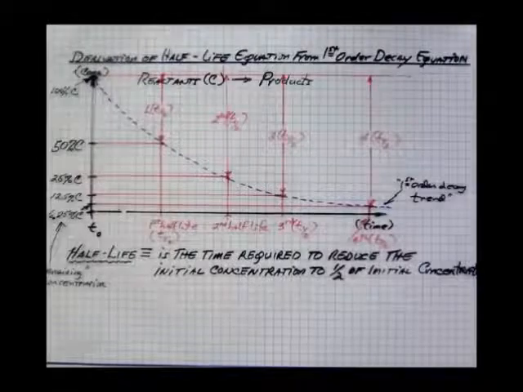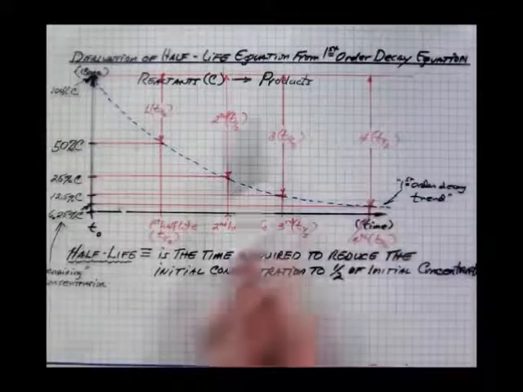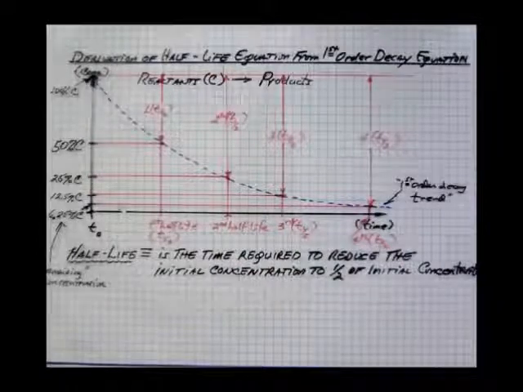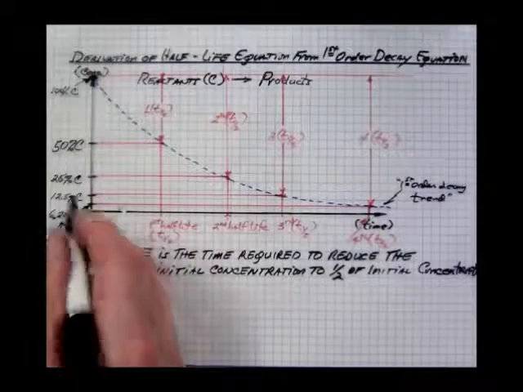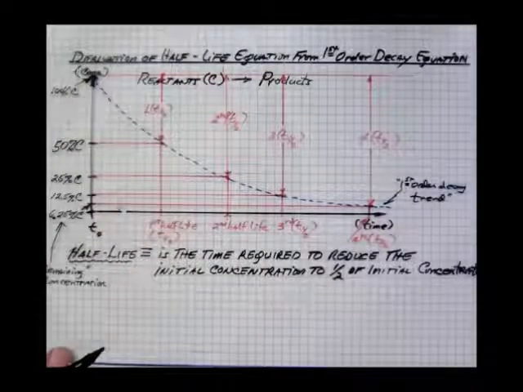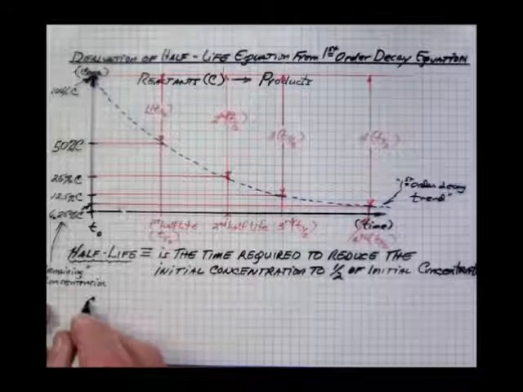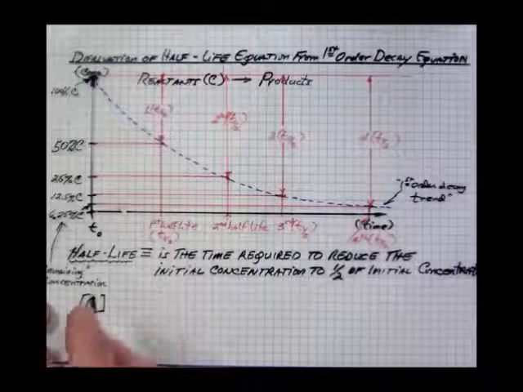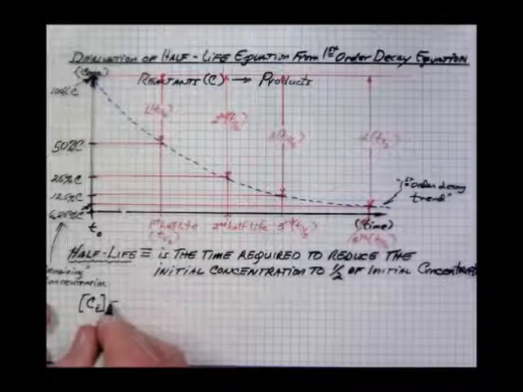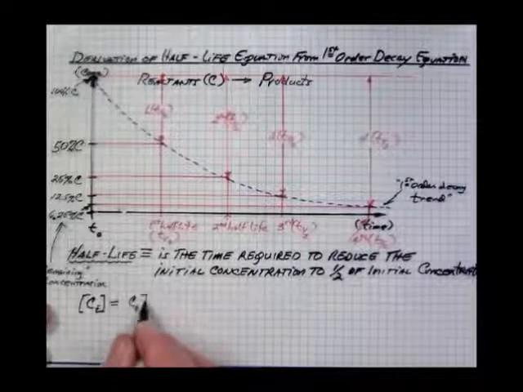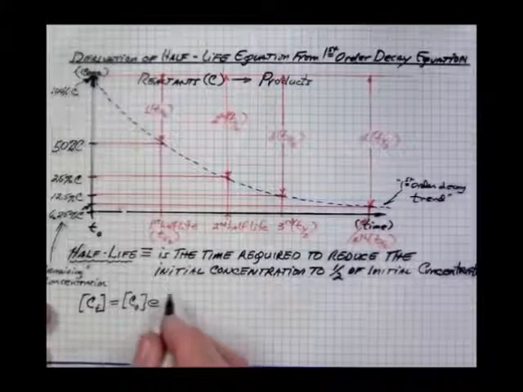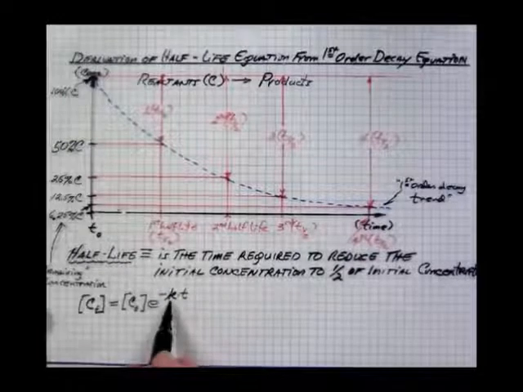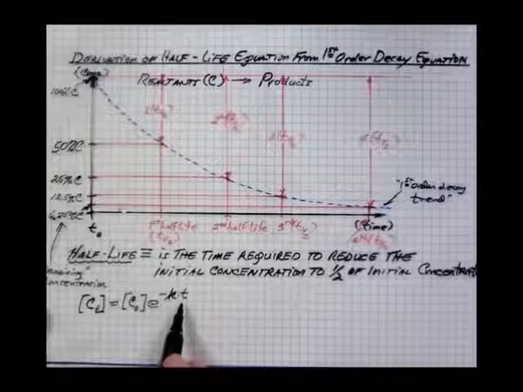Now, the issue is, what is the half-life equation, and how do we get it from the first order decay equation? Well, if we're using C for reactant concentration, then the concentration at some time t in the future, the final concentration, is equal to the initial concentration times e to the minus kt, where k is the rate constant and t is the time of interest.